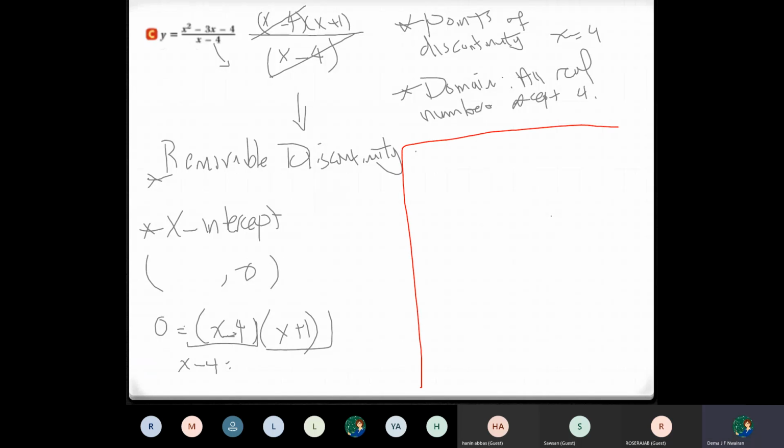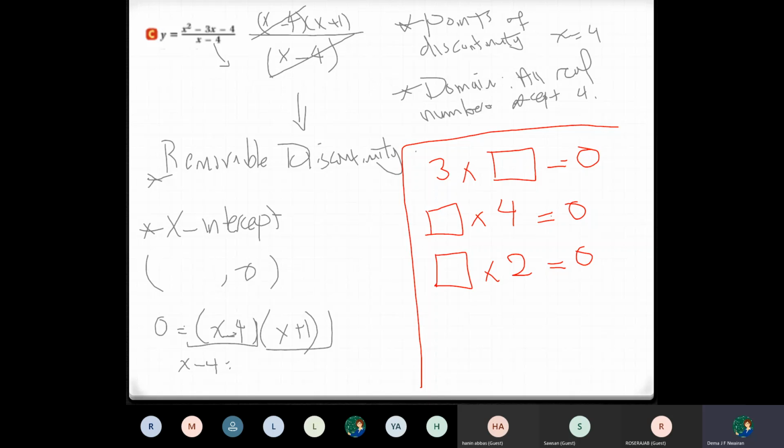Now, forget the functions. Go back. If you have 3 multiplied by any number and the answer is 0, and any number multiplied by 4 and the answer is 0, and any number multiplied by 2 and the answer is 0. We go to the first one now.